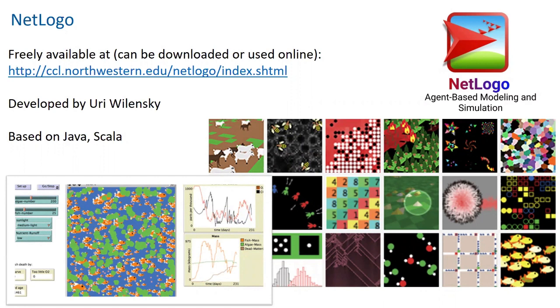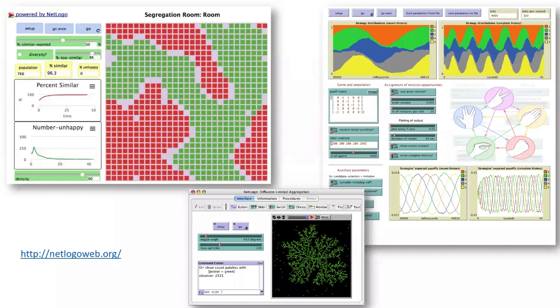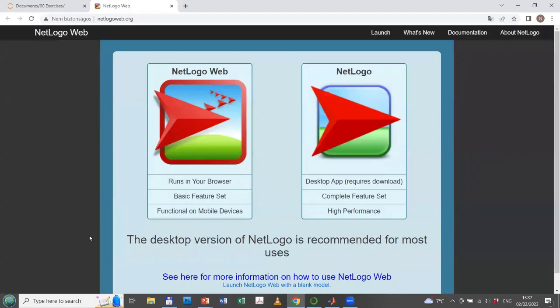It's based on Java or Scala, and it's very popular, so many different types of models can be done, from segregation models to rock, paper, scissors type dynamics, to aggregation and fractal growth.